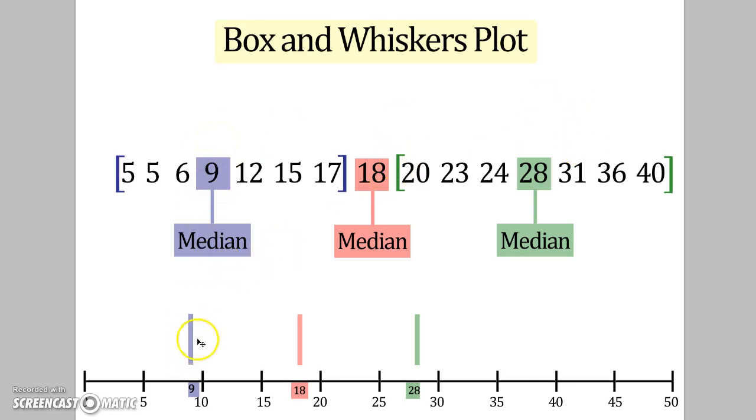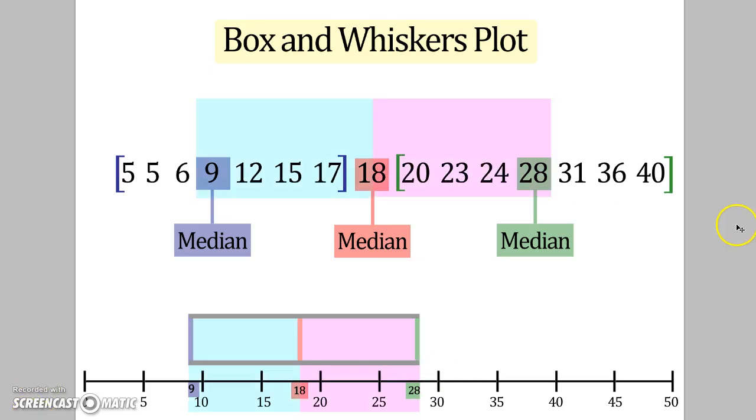And then the median value of the first and second being plotted here. The median value 28 of the third and fourth being plotted here. So again, we now have the box portion of our box and whiskers plot. Starting value of 9, ending value of 28, center value of 18, all derived from the median values.